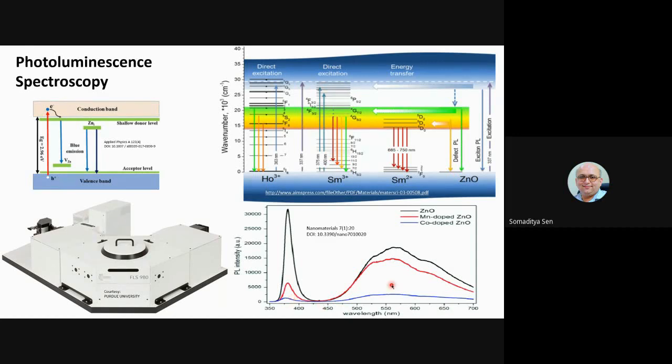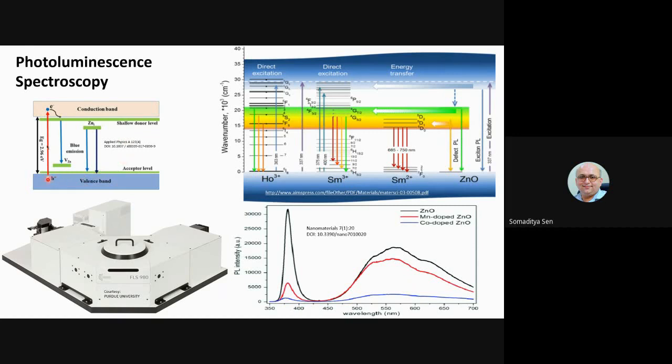But if you have these intrinsic defects like the oxygen vacancy or the zinc vacancy or the zinc interstitial, oxygen in zinc place, zinc in oxygen place, you will land up with different types of emissions. Okay, and that can be promoted or demoted by a typical type of doping, putting a different dopant in the material. So that will come at a later stage, but this is what is happening here.